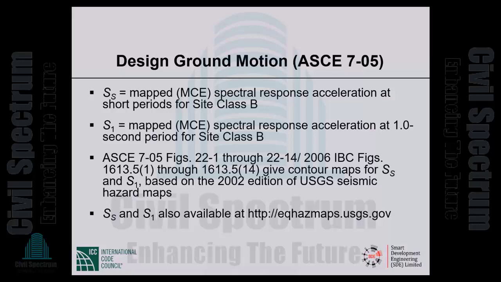So S sub S is maximum considered earthquake spectral response acceleration at a period of 0.2 second for site class B, which is soft rock, like the rock of the western United States, California rock, which is the benchmark site class for which US Geological Survey does all their mapping.